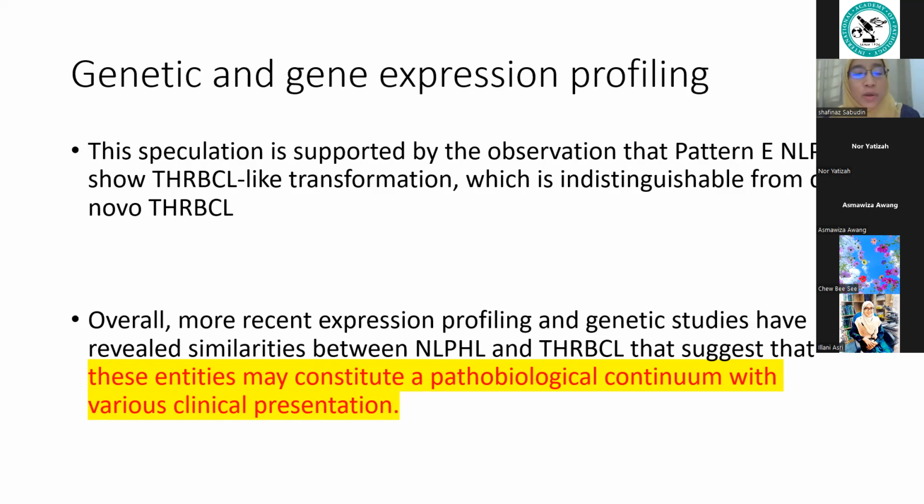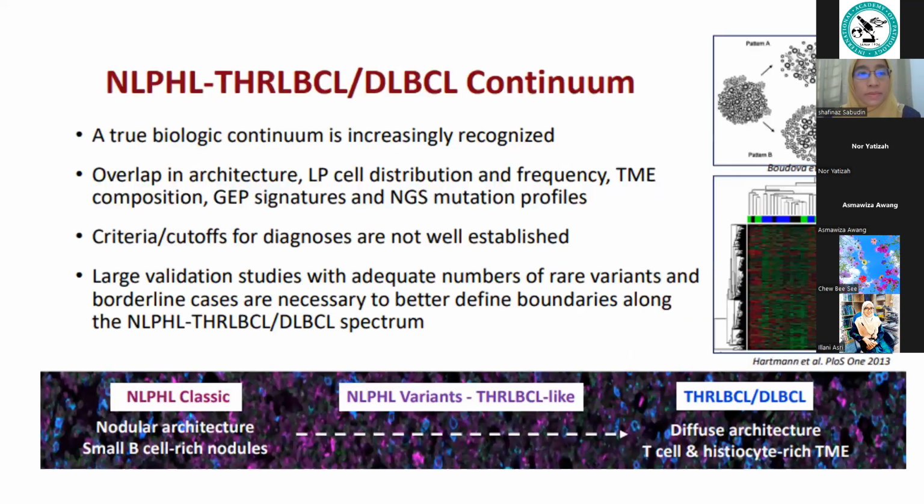So overall, more recent expression profiling and genetic studies have revealed similarities between nodular lymphocyte predominant Hodgkin lymphoma and T histiocyte rich B-cell lymphoma that suggest these entities may constitute a pathobiological continuum with various clinical presentations.